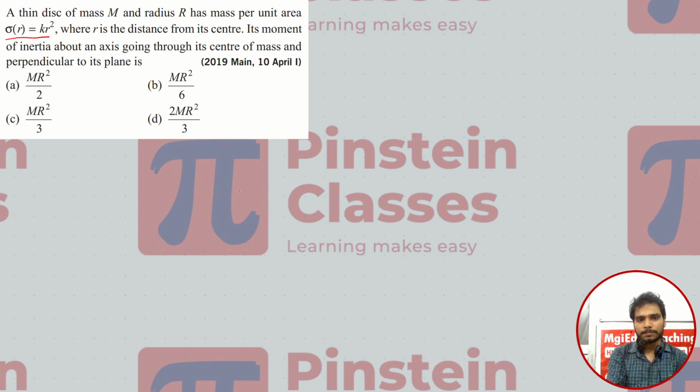Suppose this is a disk and its center of mass lies at its center. So we have to calculate moment of inertia about this axis.